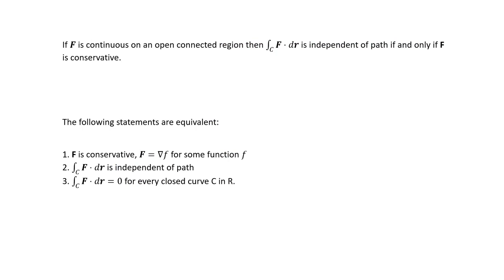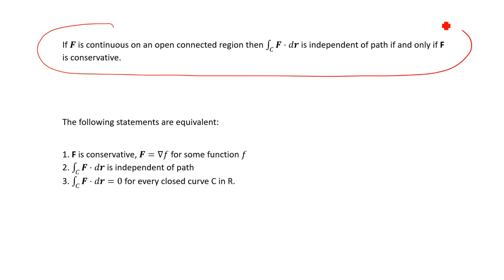All right, so this next screen just has a bunch of statements summarizing some of the things that I've alluded to already. This first sentence is basically repeating what I just said. This integral is independent of path.